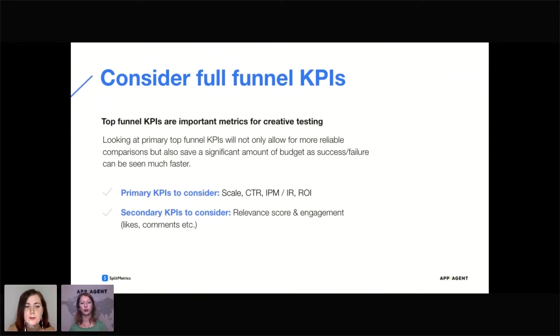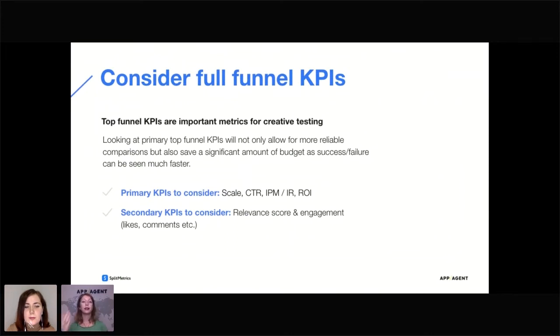If you do the two-layer testing I've mentioned earlier today, where you basically start by optimizing towards installs, and then you select the top few that are winning on KPIs such as click-through rate and scalability overall and engagement rate, whether that's relevancy score or any other metric such as IPM, then you already know that you are not going to be wasting money in the second stage on something that doesn't even get people engaged on the very top of the funnel.